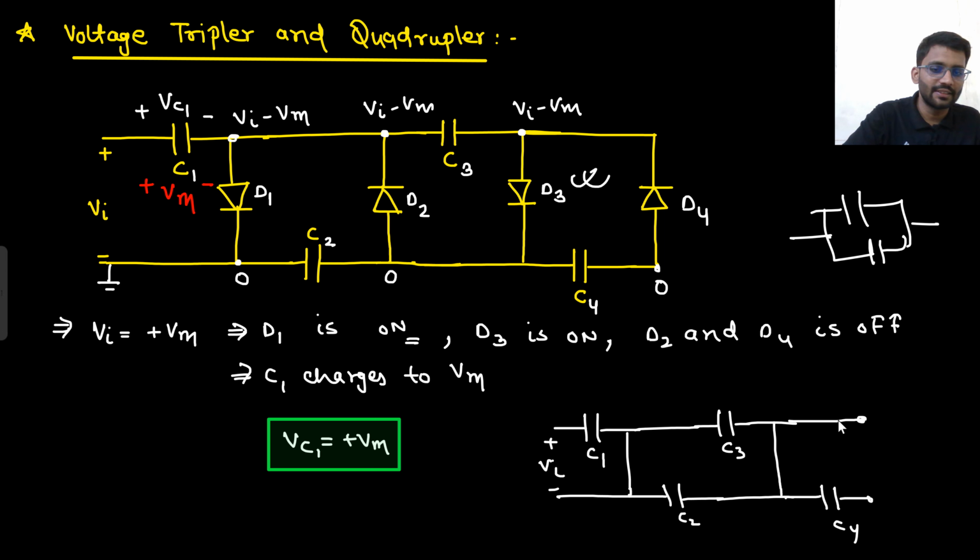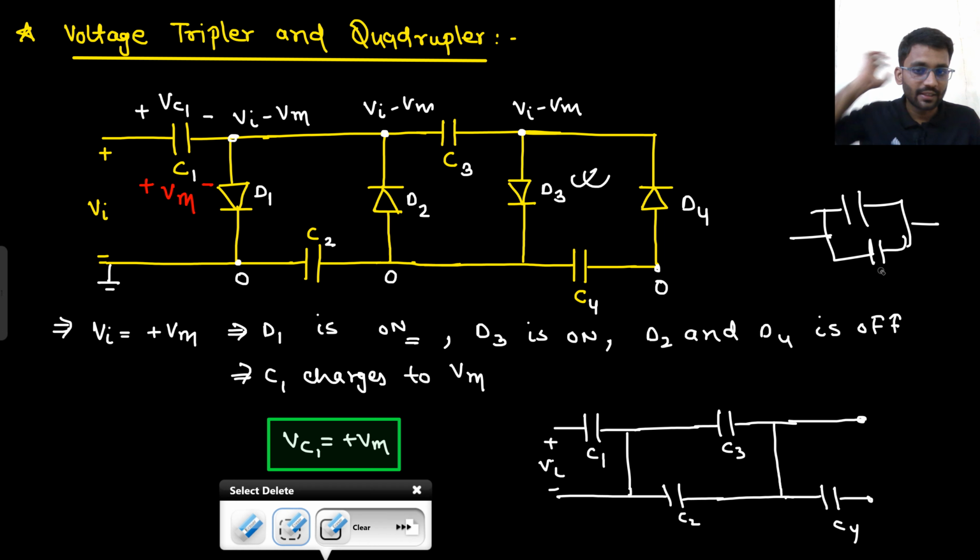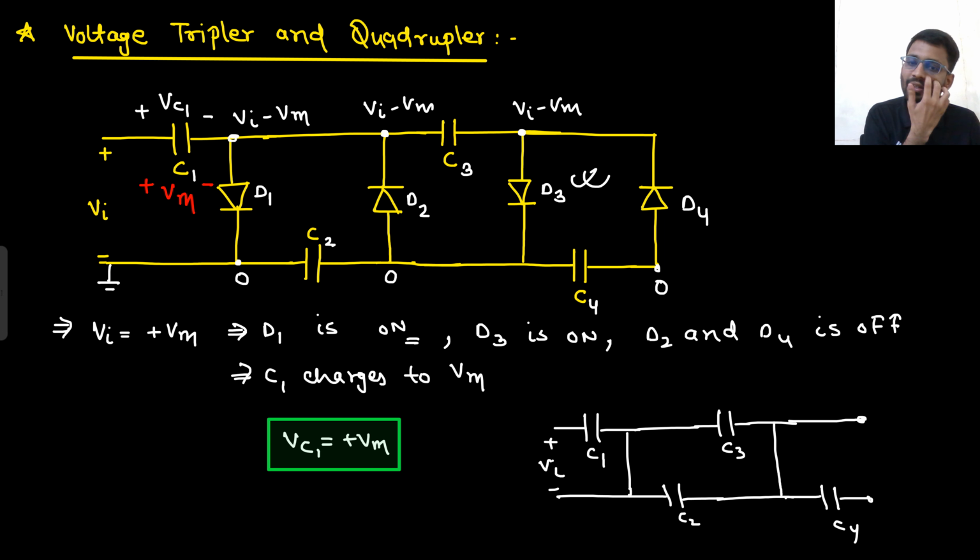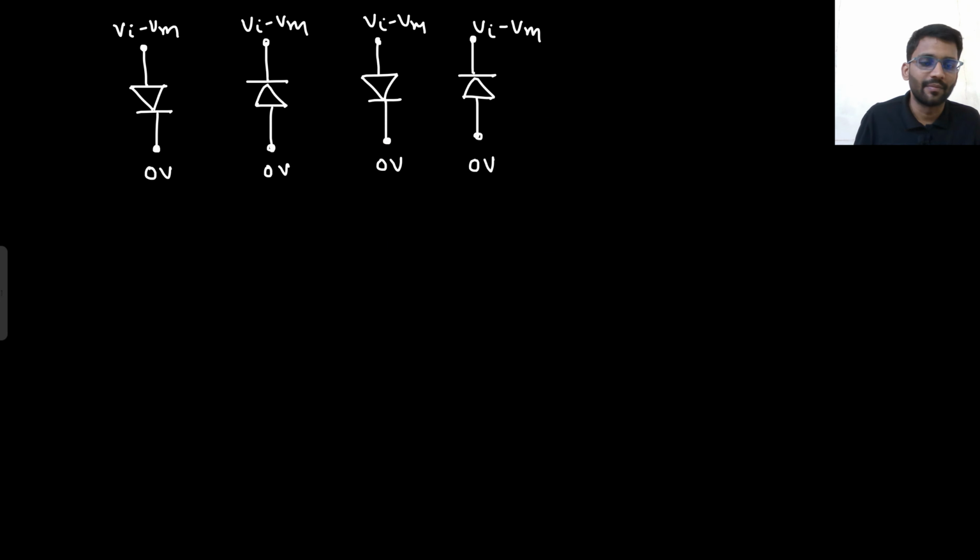I should have written like this, that even D3 turns on and D1 D3 turns on, D2 D4 are off. Now what is the scene? That now Vn is equals to minus Vm. So this I can write as second case, when Vn is equals to minus Vm.